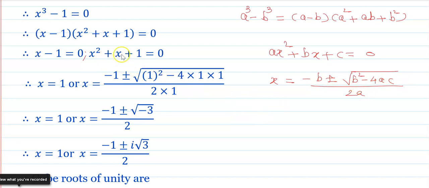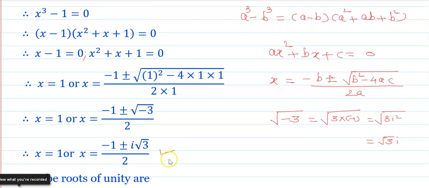Here the value of a is 1, b is 1, c is 1. Therefore, minus 1 plus or minus root of 1 square minus 4 into 1 into 1. That is 1 minus 4, which is minus 3. Therefore, it is the root of minus 3. Minus 1 plus or minus root of minus 3. Root of minus 3 can be written as 3 into in bracket minus 1, that is 3 into I square, and therefore you will get the root 3I. Okay. Therefore, x is equal to minus 1 plus or minus I root 3 upon 2.